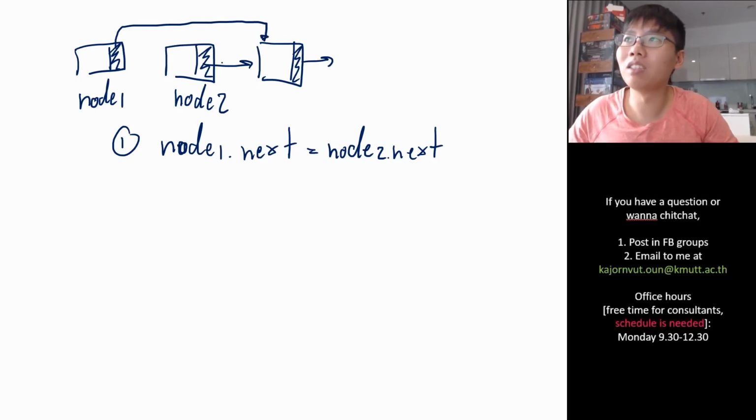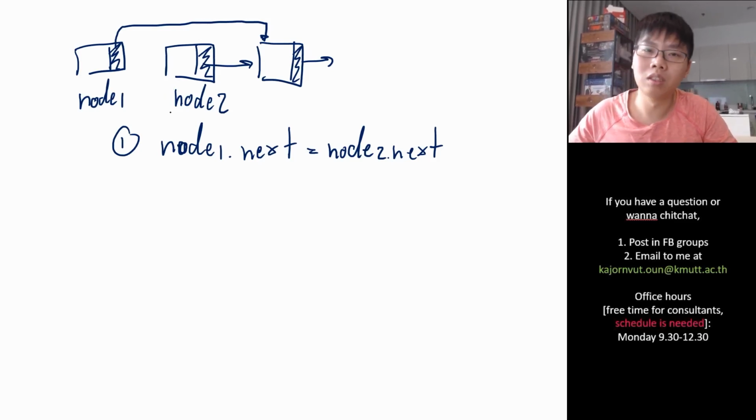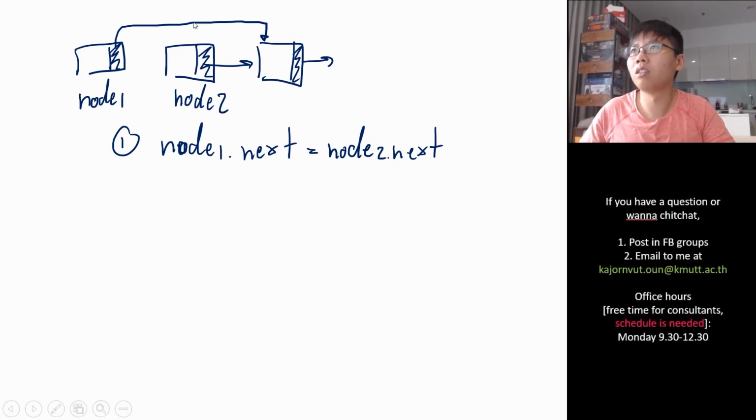The problem is, how can you call the second node now? How can you remove this node out of the solution? Impossible, right? So you cannot do it this way for single linked list.